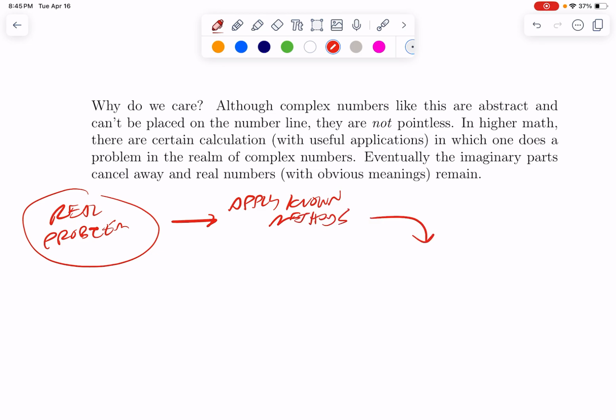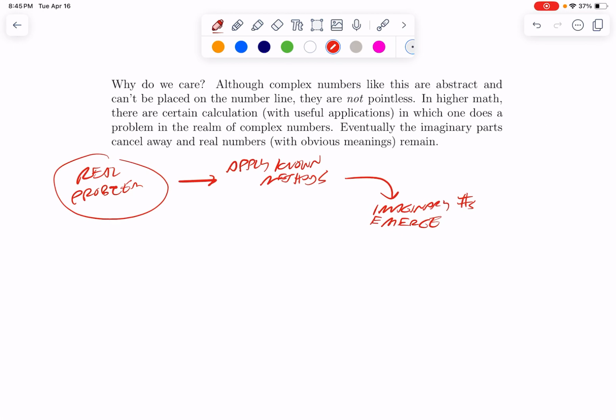Then it seems like imaginary numbers emerge. You're doing your normal things and you need to take a square root of a negative, and it feels like now your problem is meaningless. But then you just keep going.